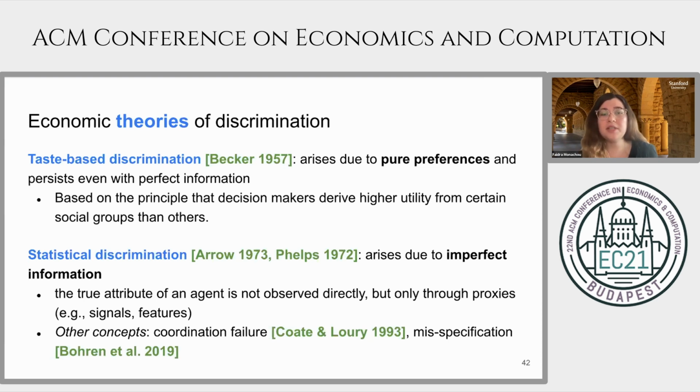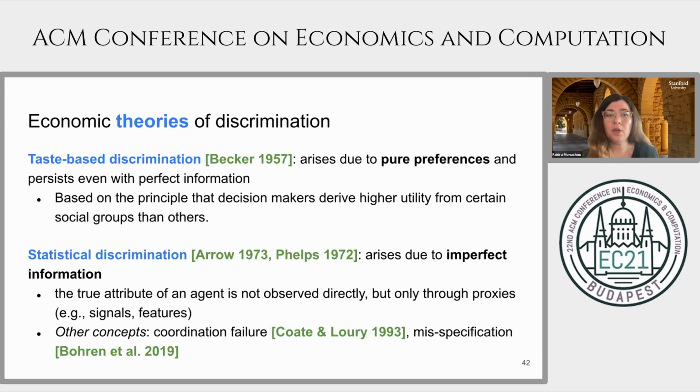And we also have statistical discrimination, which arises due to imperfect information. Specifically, the true attribute of an agent is not observed directly, but only through some proxies. For example, these proxies can be signals in the economic literature or features in the fair machine learning language. We also have other related concepts here like coordination failure and mis-specification.